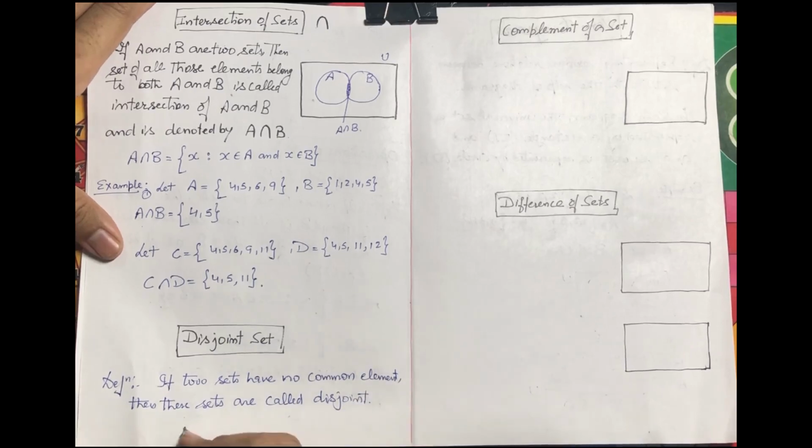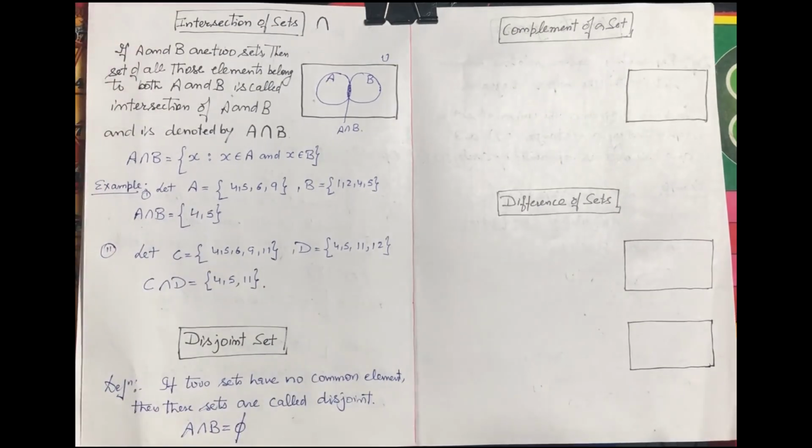So how can we represent them? A intersection B is equal to empty. You know, we already discussed the symbol phi. That means empty.